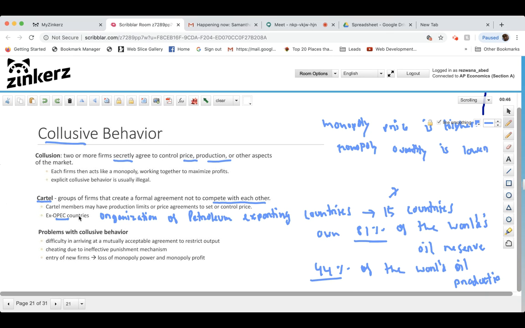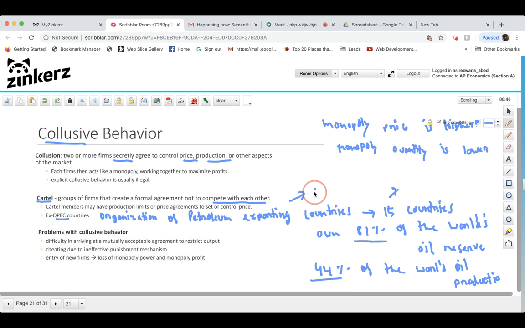So what these countries do, like we mentioned, explicit cartels are illegal, but everybody knows this about the OPEC countries. They're anything but a secret. They're an open, formal, collusive agreement that these 15 countries have made with each other to control price and production of oil.